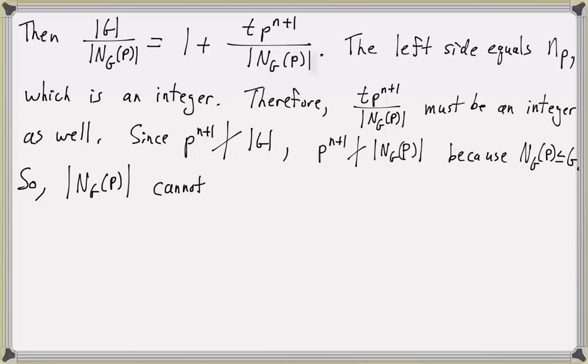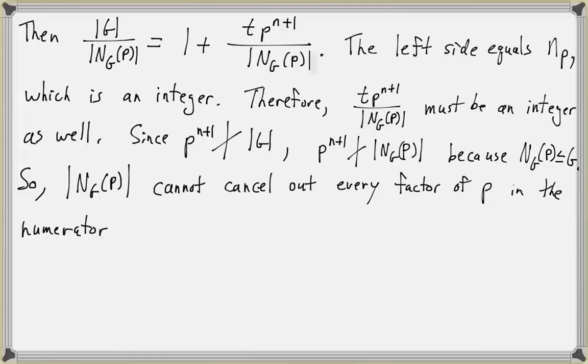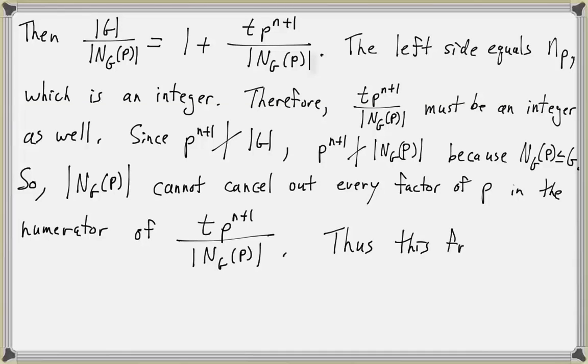So the order of the normalizer cannot cancel out every factor of p in the numerator of t p to the n plus 1 over the order of the normalizer of P. So thus, this fraction is an integer multiple of p.